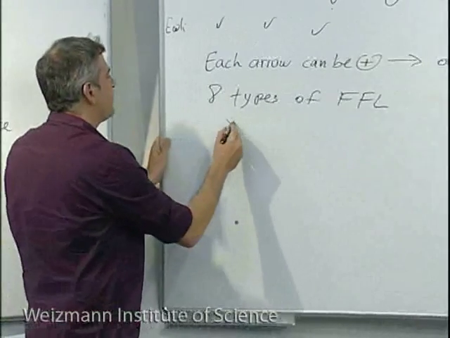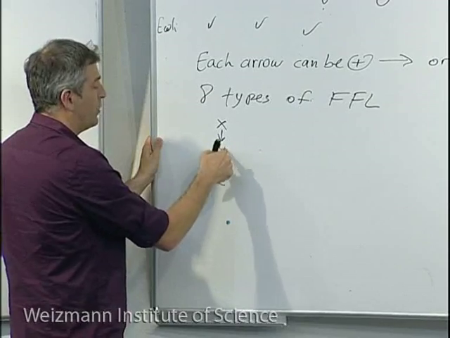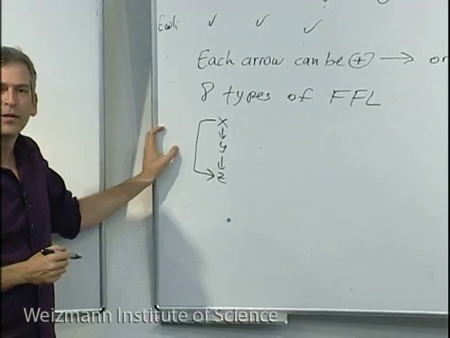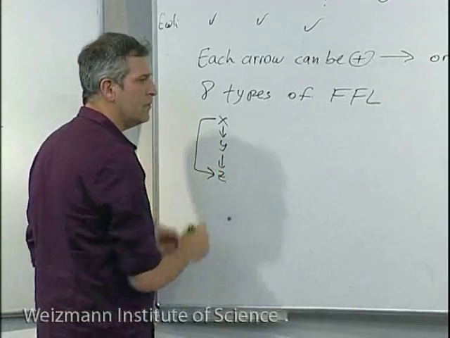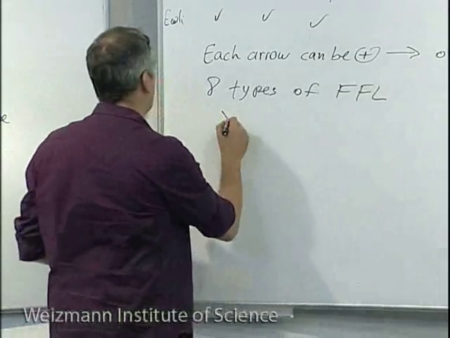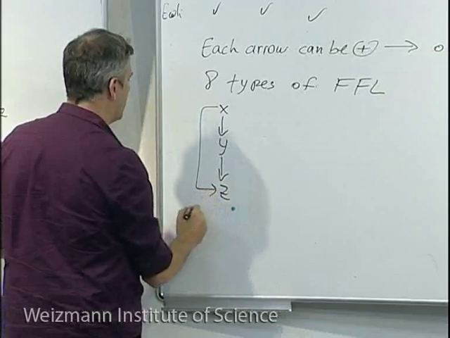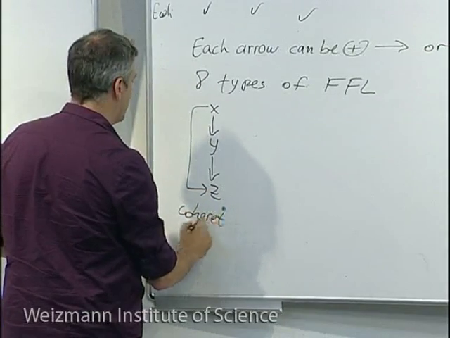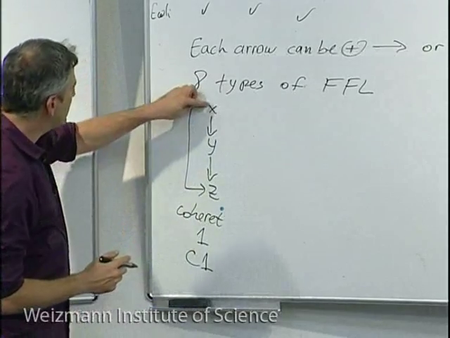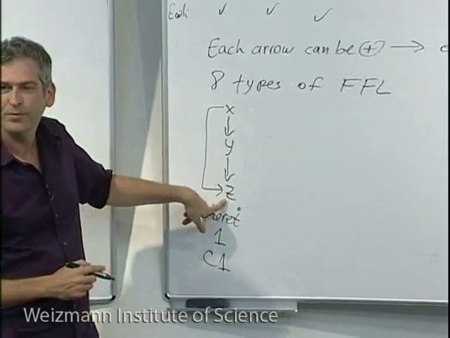So it could be that X activates Y, that is, increases the production rate of Y, Y activates Z, and X activates Z. Is this big enough for the camera? Almost. And this we call coherent type 1, or C1 feed-forward loop. Why do we call it coherent? Because X activates Z, and also activates by activating an activator.